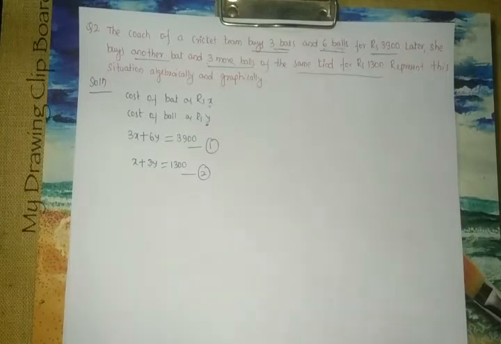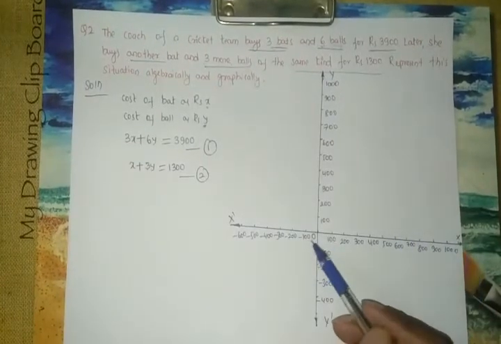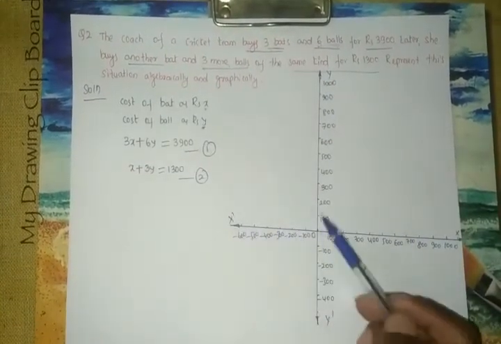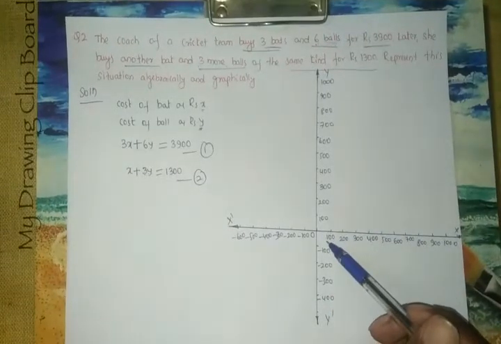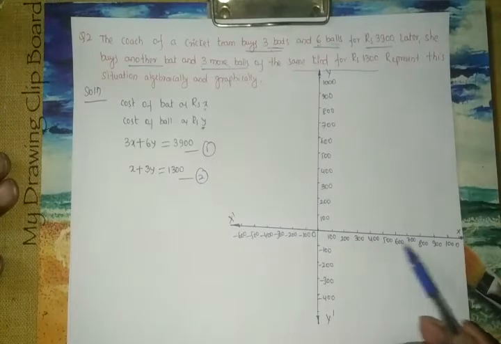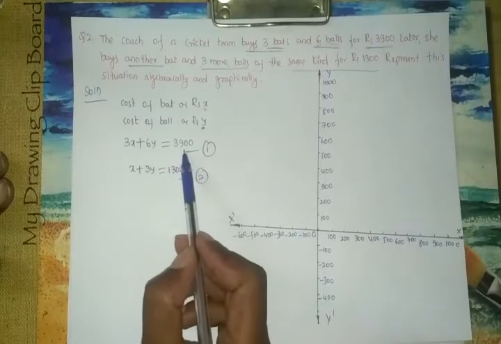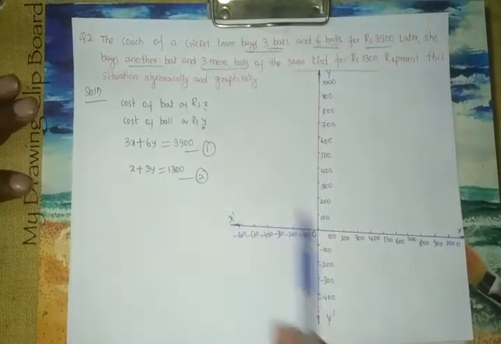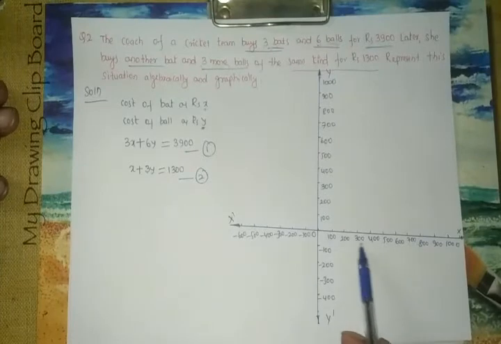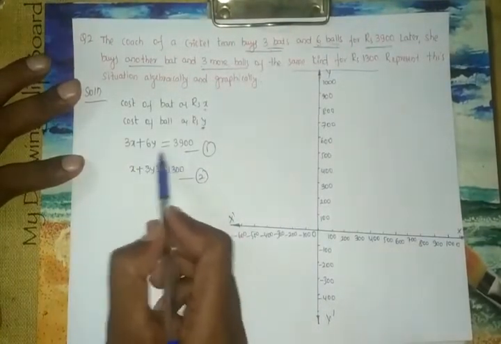Now we have to represent this graphically. I'll take this side as x-axis, this side as negative x-axis, positive y-axis, and negative y-axis. I have taken intervals as 100, 200, 300 up to 1000 because I am getting these numbers as 3900 and 1300. Let me represent equation 1 on graph.